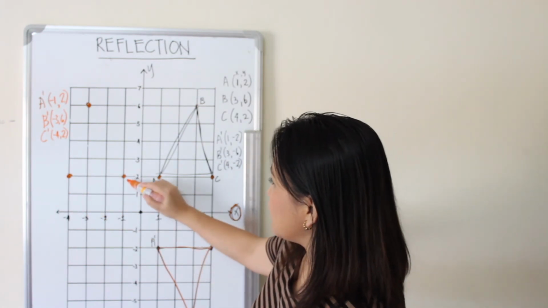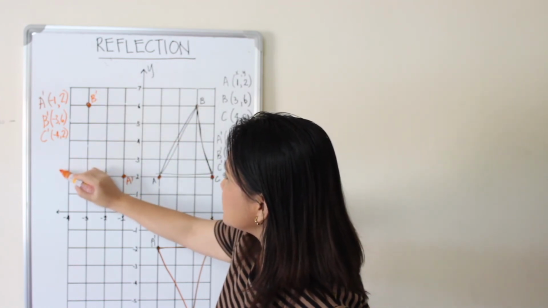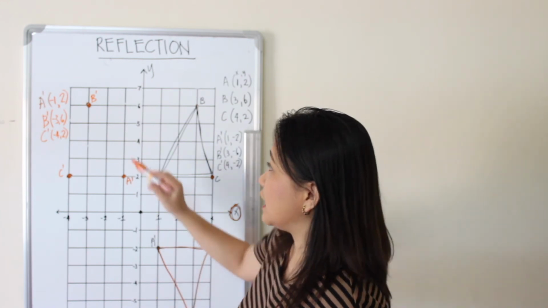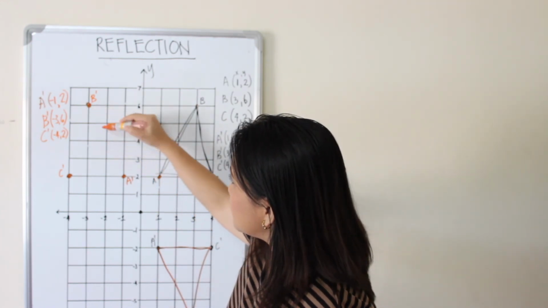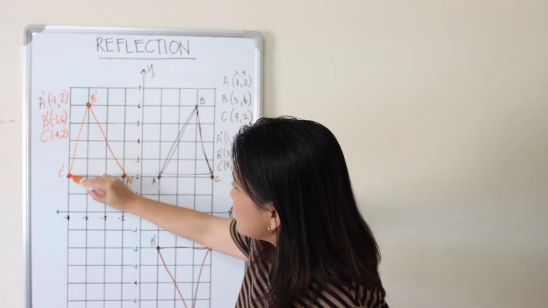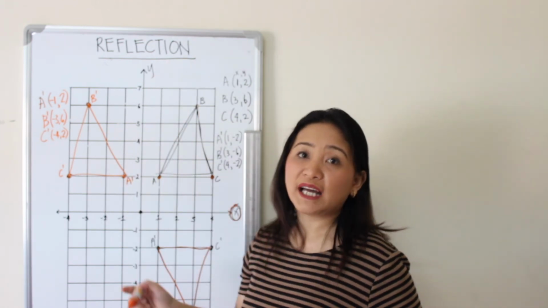So this is your A, this is your B, and this is your C. It's time for you to draw the lines and connect the dots. A and B, then C. So that is the reflected image over the y-axis.